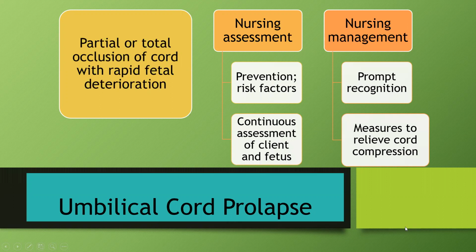You and I have about 4 to 5 minutes that we can be without oxygen, and the baby has about the same. So if the nurse discovers this, there needs to be some very rapid intervention in order to try to preserve as much oxygen going to that baby as possible. So prompt recognition and measures to relieve the cord are what your nursing management would be.